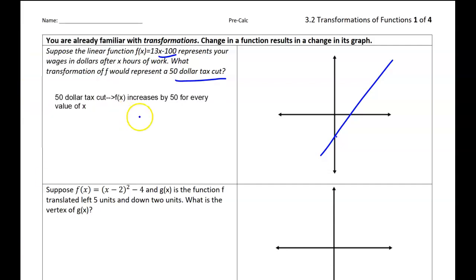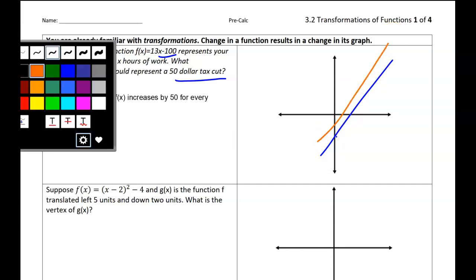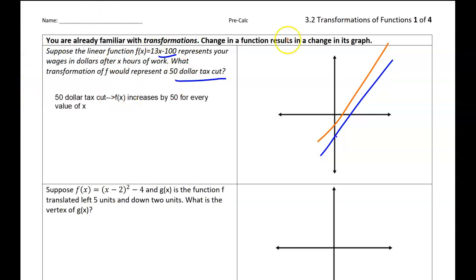So what that would look like would be a vertical shift, right? That's probably a little too high. And what that would look like algebraically would be f of x plus 50. We added 50 to the function, and that would be equal to 13x minus 100 plus 50, which really is equal to 13x minus 50 now.